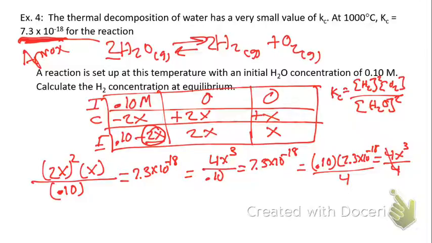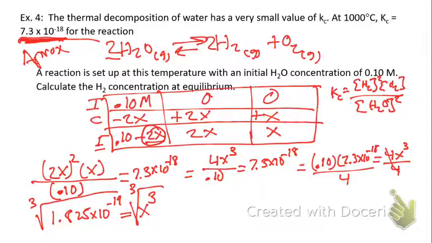Actually, just kidding, I did the math wrong here. It should be 1.825 times 10 to the minus 19 equals x cubed. So then we're going to take the cube root of both sides.